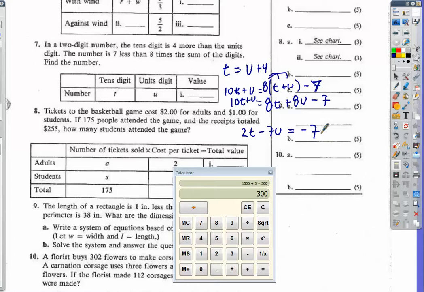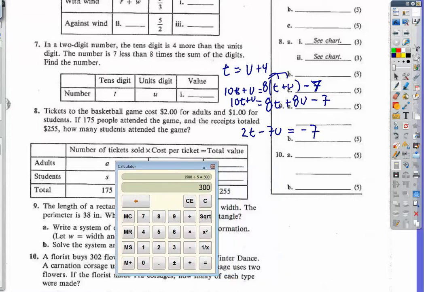So I'm going to substitute that in. I'm going to work down here. So I have 2 times (u plus 4) minus 7u is equal to negative 7. Distribute. So obviously I'm using substitution. So I have 2u plus 8 minus 7u is equal to negative 7.